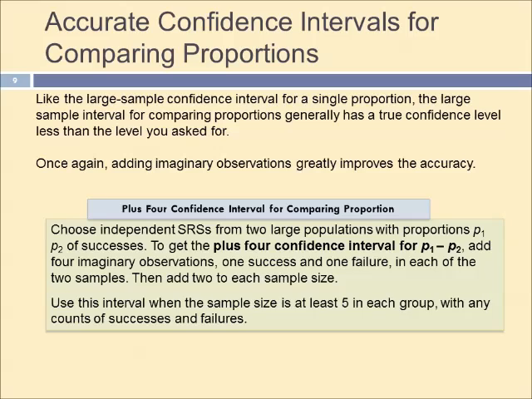To get the +4 confidence interval for the difference between proportions, we add 4 imaginary observations: 1 success and 1 failure in each of the 2 samples, and then we add 2 to each sample size. And we can use this interval when the sample size is at least 5 in each group, with any counts of successes and failures.